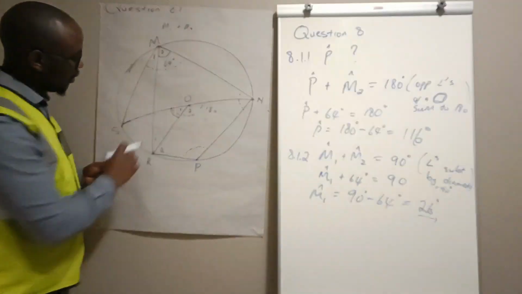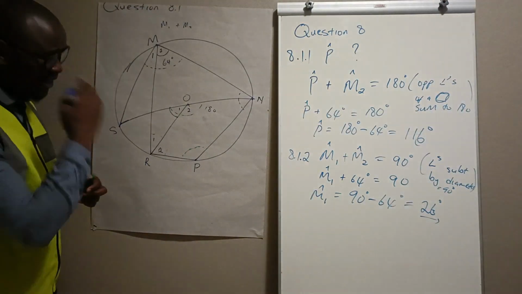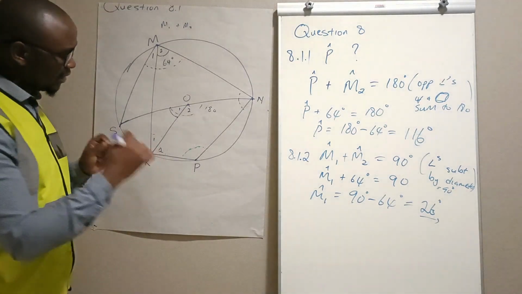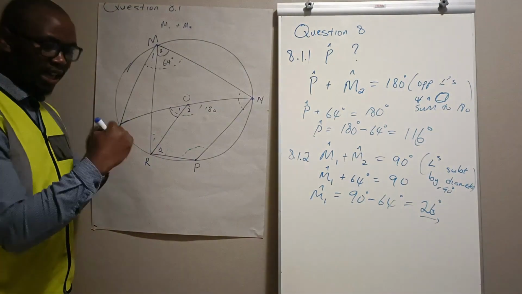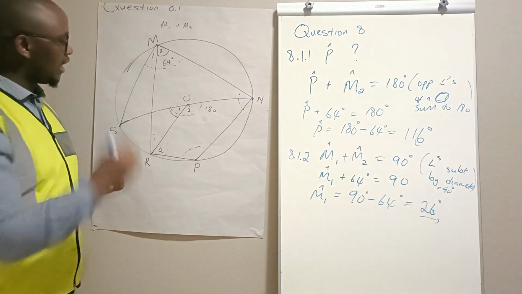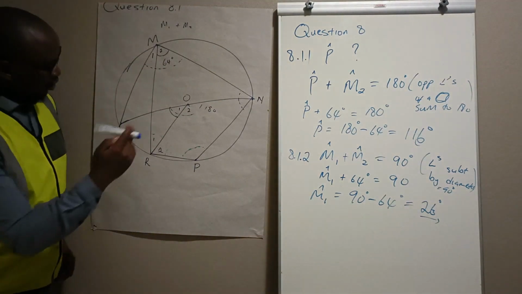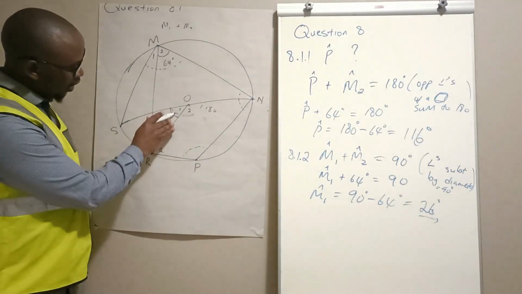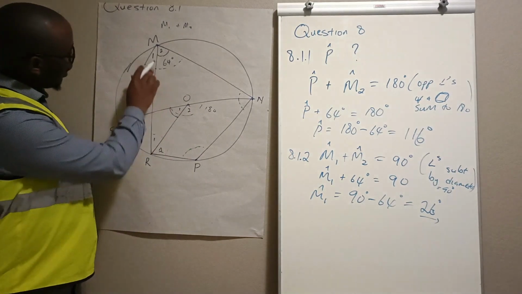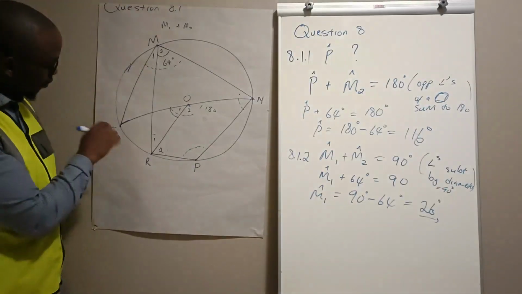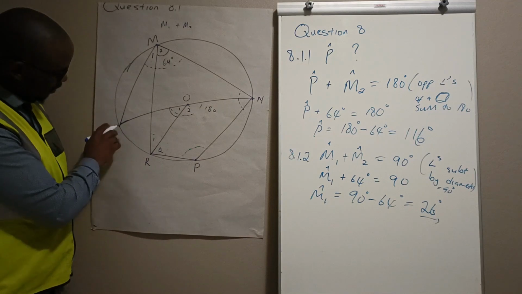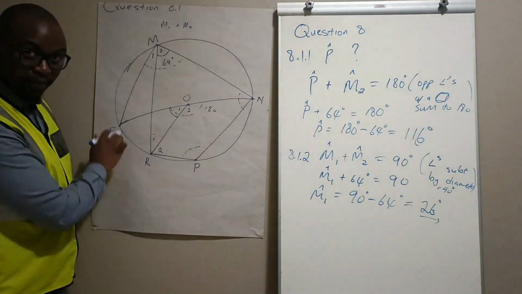If you also notice, I just told you that there is a theorem that speaks to an angle at the center being twice the angle at the circumference. Do you notice that O1 and M1 are both subtended by this arc SR?